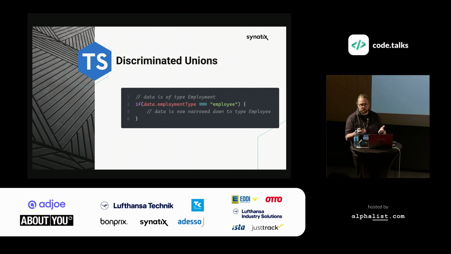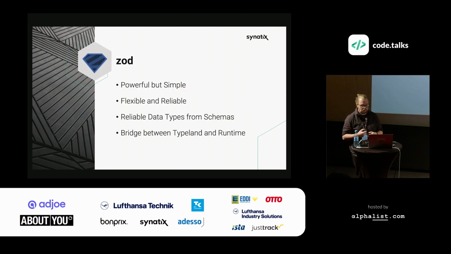It's just what we told TypeScript it is, which is where Zod comes in. Because Zod, as I mentioned, is a schema declaration library, but it is very powerful and simple. It's very flexible and reliable, and it can generate your types for you. Based on your schema declarations, it generates types, which you can use throughout your project.